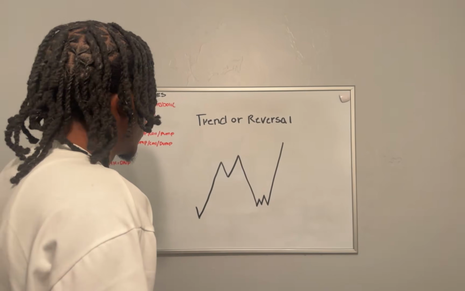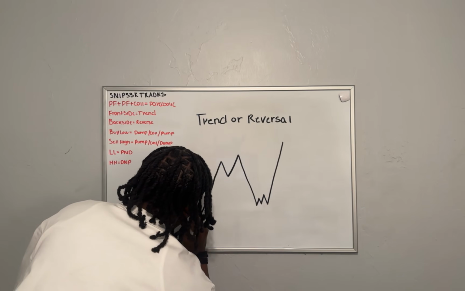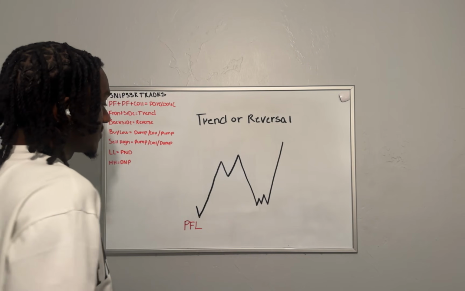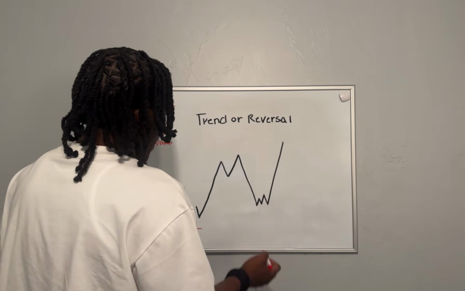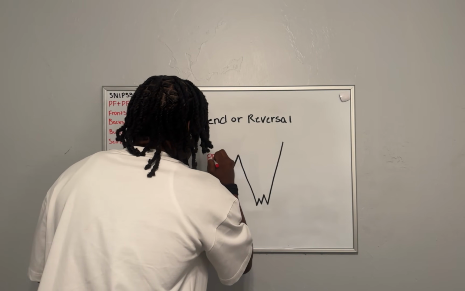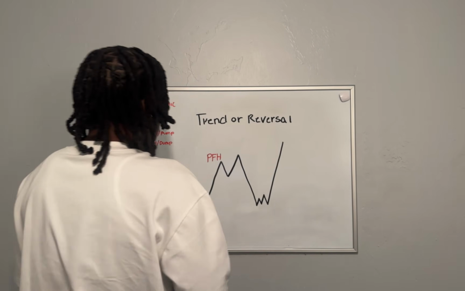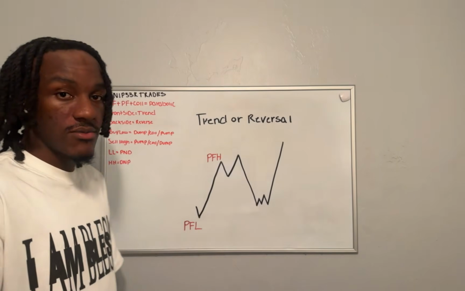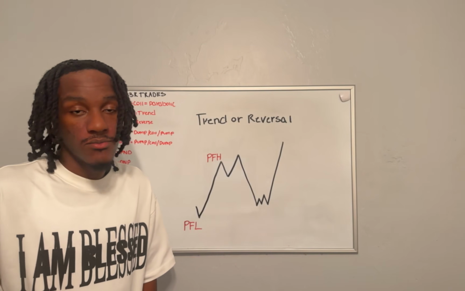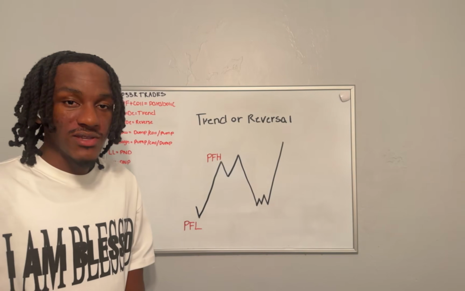Once again, we will have the same step one, which will be a peak formation low in Asia, a peak formation high in London. But instead of step three being lower lows for the pump and dump on the back side, this is a little bit different.